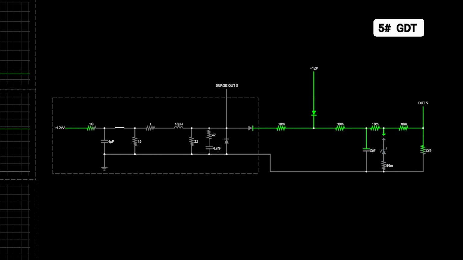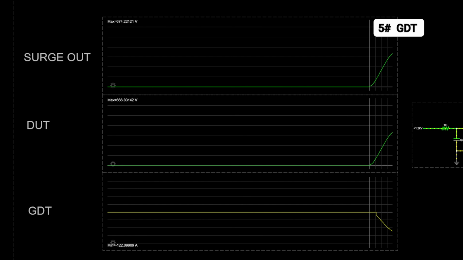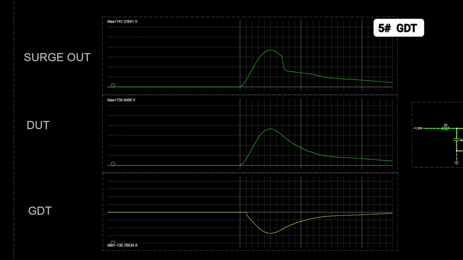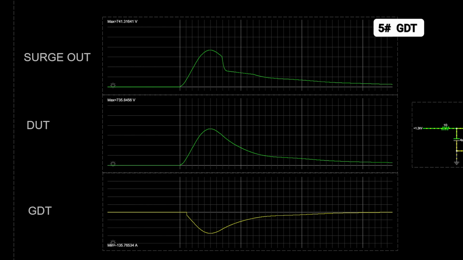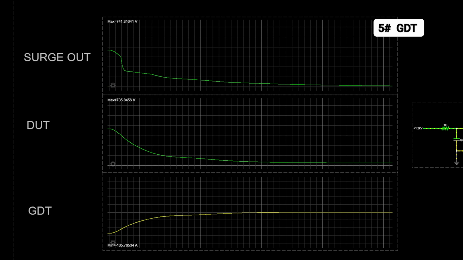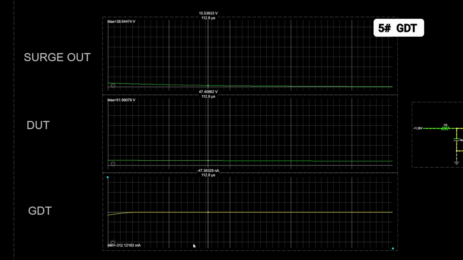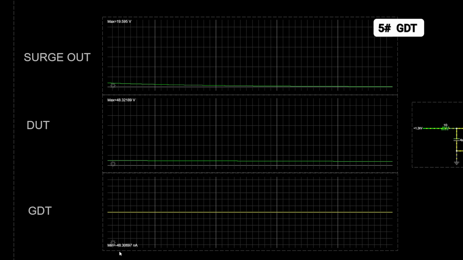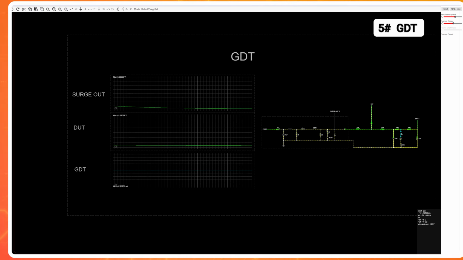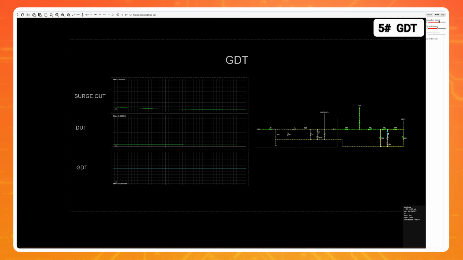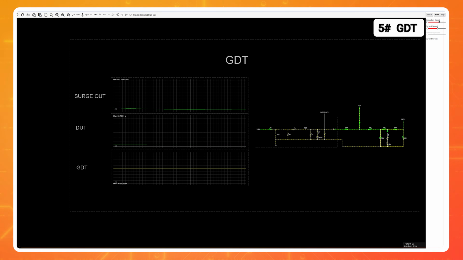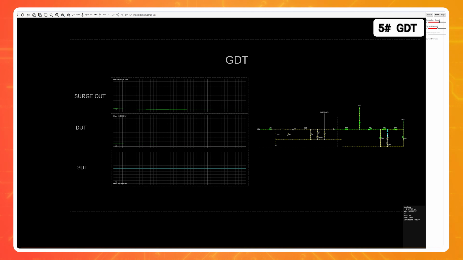So if we restart this, the surge happens, it limits the current and voltage just like before, except now it disconnects itself from the circuit. So now our current goes to essentially 0. Whenever you use a discharge tube, you have to make sure there is something in series that will ensure that it doesn't stay shorted after the event.